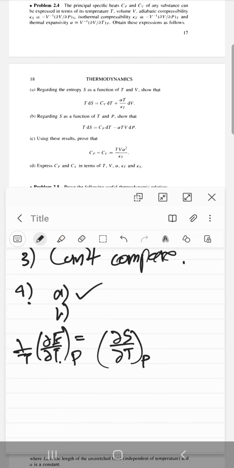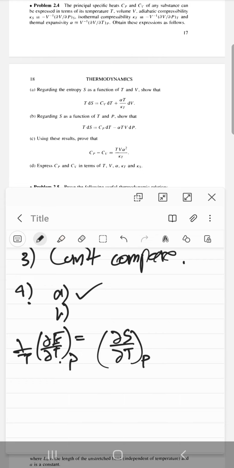Wait, what? No, wait, that doesn't make sense. Cp is, yeah, okay, this is the equation, and at constant pressure, no, wait, okay, this doesn't make sense. Something is wrong about this. At constant pressure we have to show that, no, but this doesn't make sense.